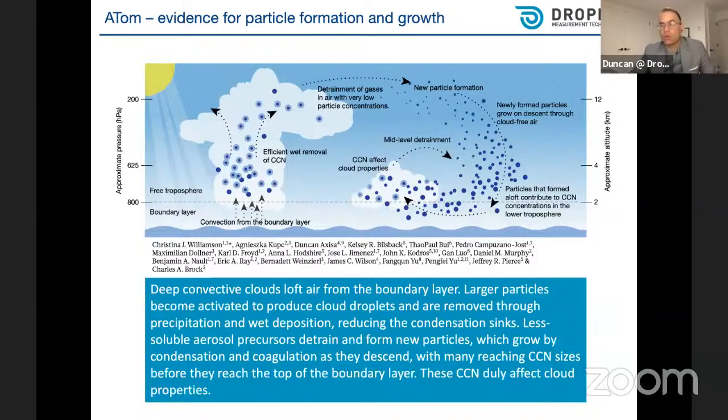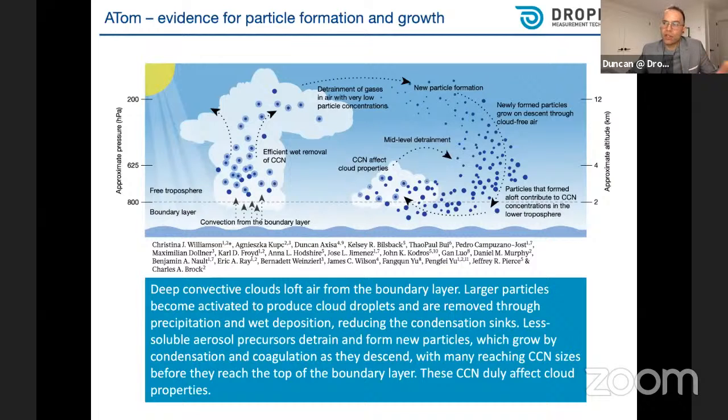In certain regions, when we have persistent stratocumulus clouds, like in the Southern Ocean or in the South Atlantic, there are bands of persistent clouds where the source of CCN is negligible. So where do the sources of CCN come from?